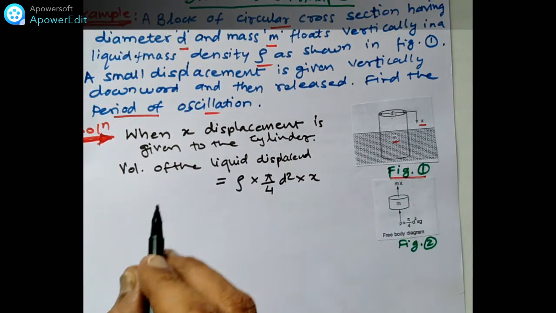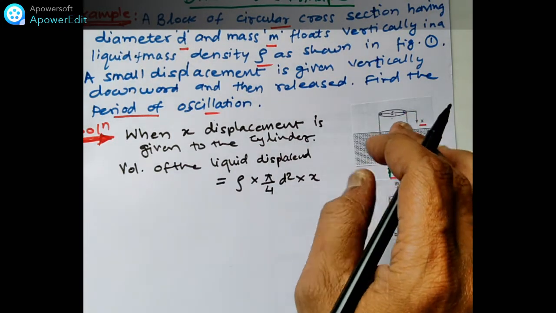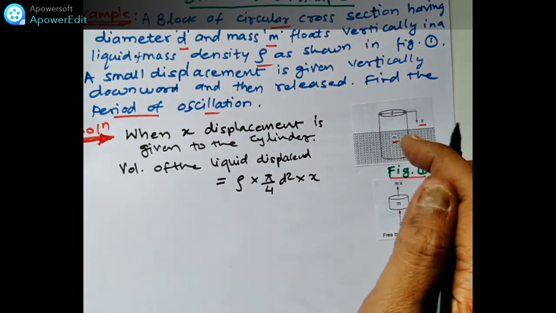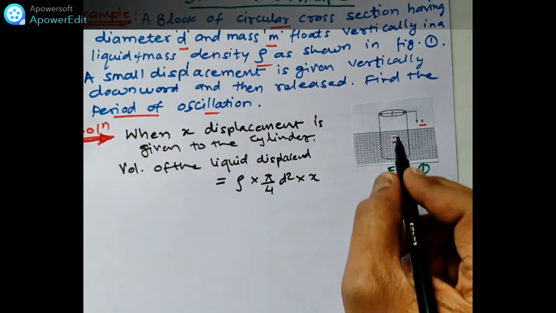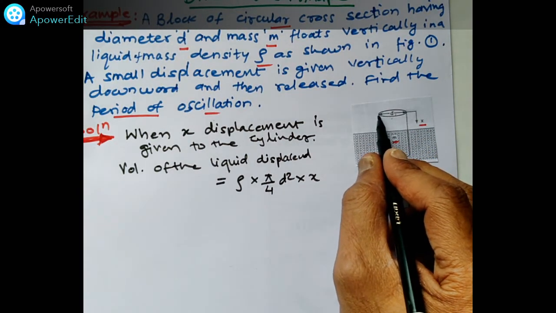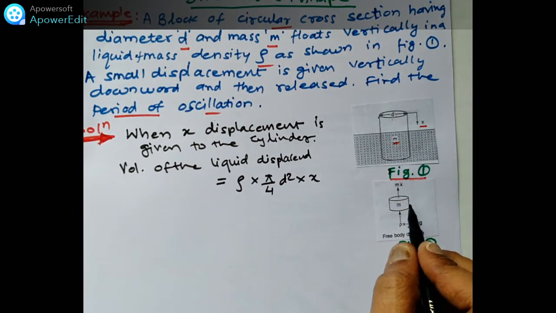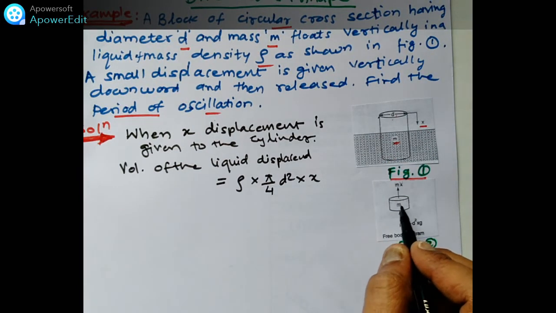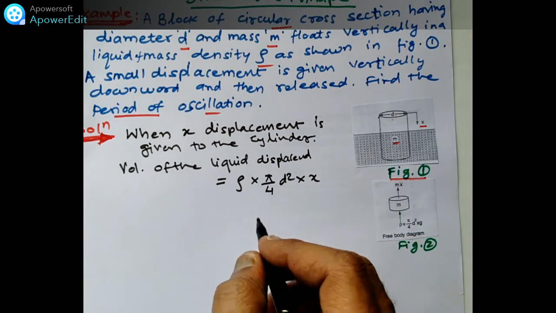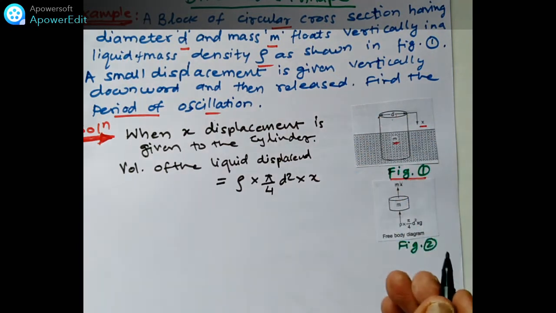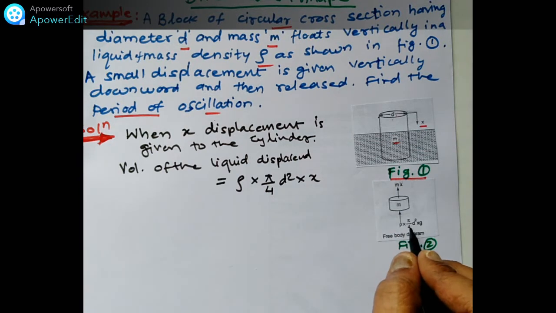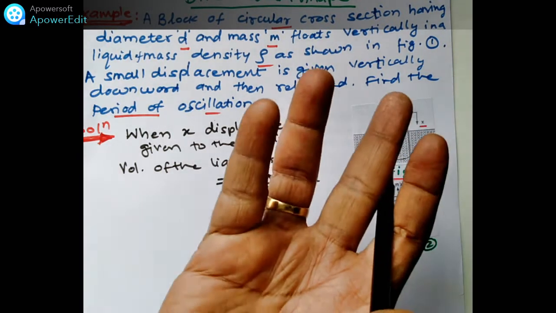So the upward thrust is due to this volume. Suppose this x distance is this much. This much volume is displaced, so the thrust will be applied on that total volume.